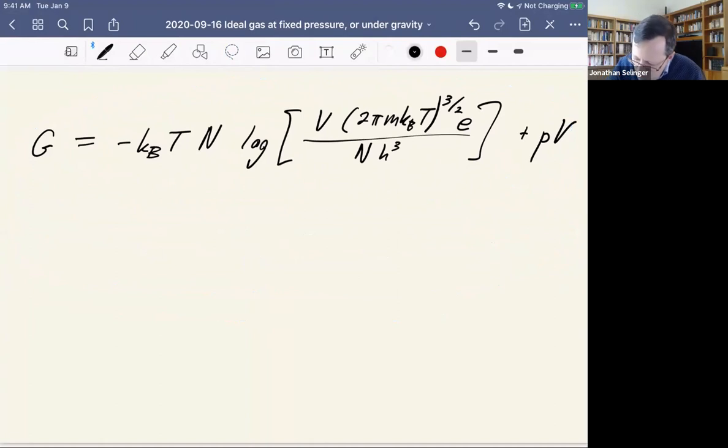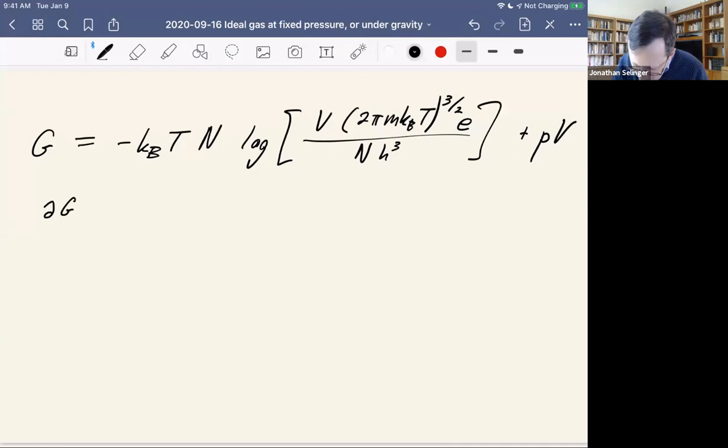So if I want to calculate where the minimum is, I can do it in the usual calculus way. I'll take the first derivative and set the first derivative equal to 0.